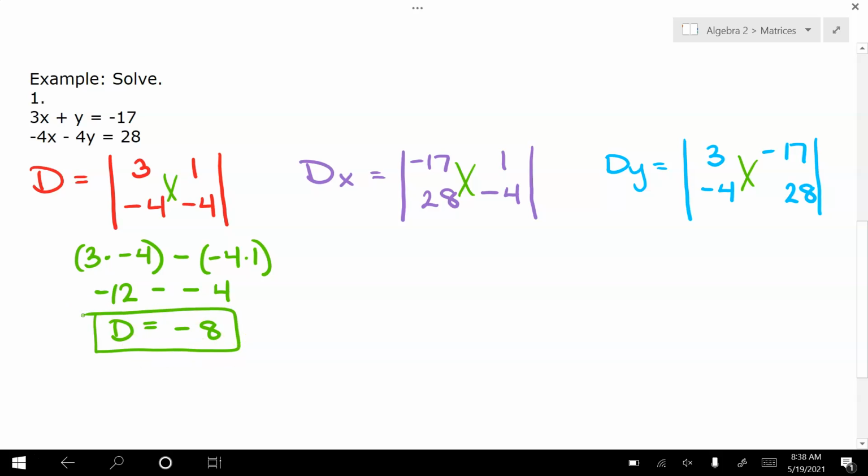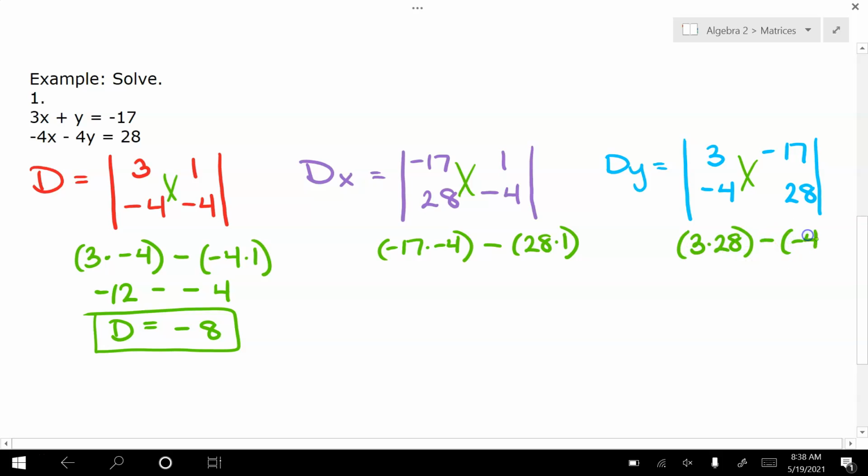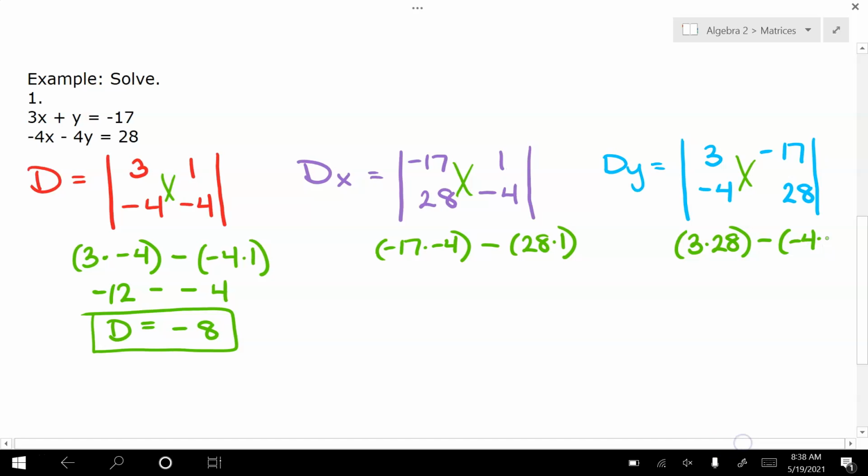Okay, so let's go ahead and do these last two here. So negative 17 times negative 4 minus 28 times 1. And then 3 times 28 minus negative 4 times negative 17. So you guys take a second and try to evaluate those.